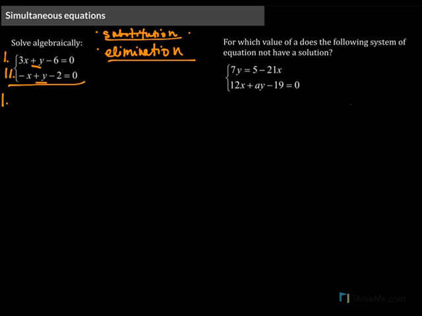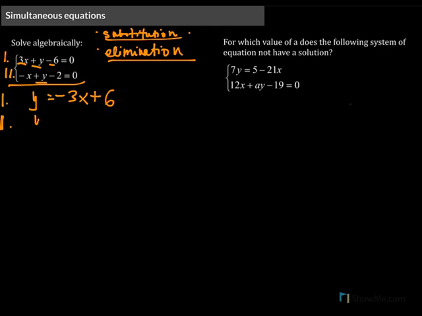So, looking at the first equation, I can isolate y, so that I have y is equal to, and since I am moving these 3x and 6 to the other side, I would have minus 3x plus 6.